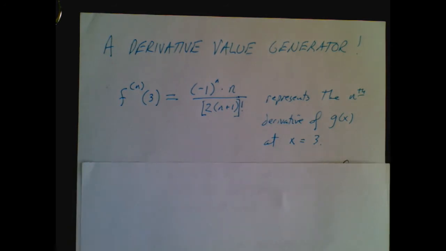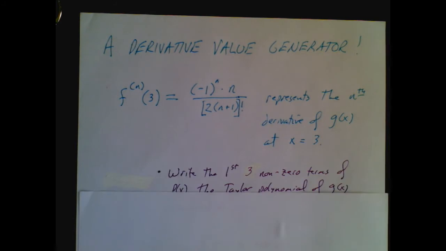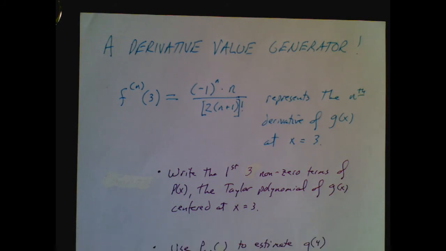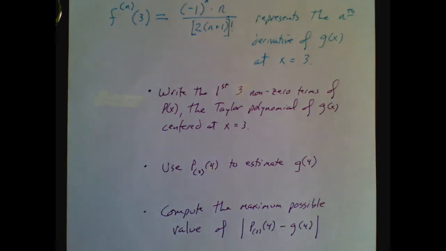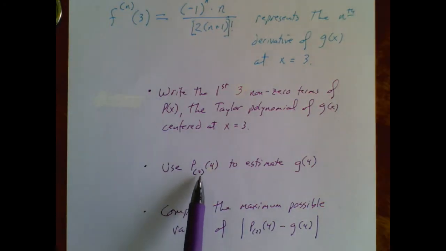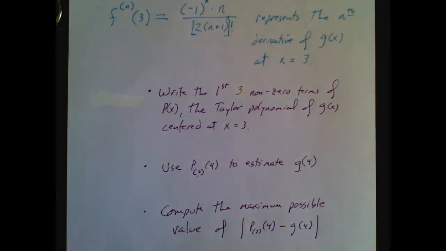So once you realize that this thing is just generating derivative values for you, you could be asked any question that you're used to being asked about these Taylor polynomials. For example, write the first 3 non-zero terms of p of x. Use your polynomial approximation at the second degree to estimate a value of g of 4.